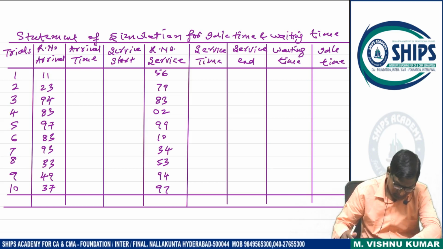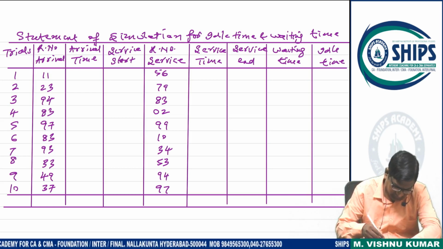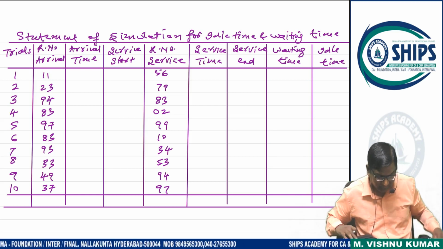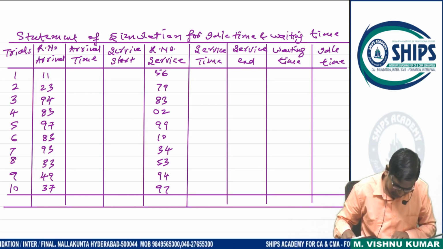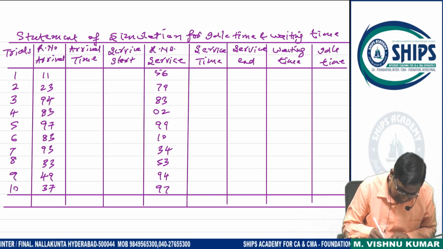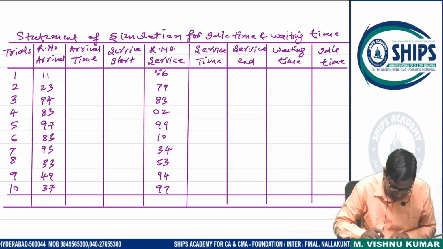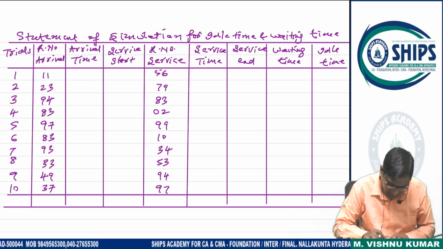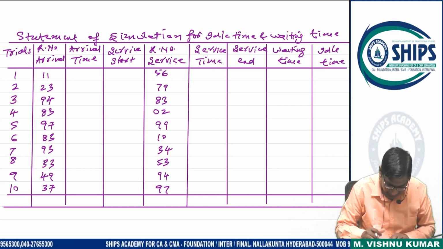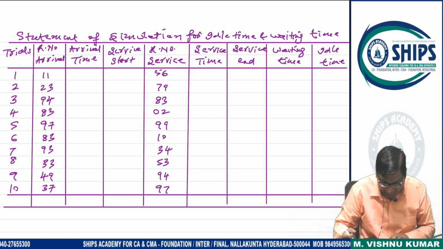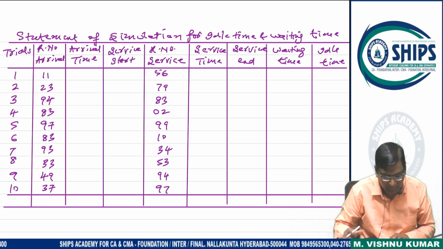Clear? Now the first random number for arrivals is completed. So according to the random number table, what is the time? 11 am. कब आ रहा है उन्होंने? 11 am. देखिए, actually service started at what time? 11:03. But it came at what time? 11. तो वो भी इंपॉर्टेंट है ना.